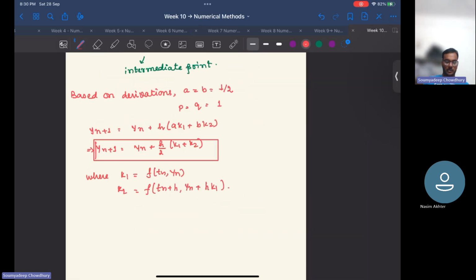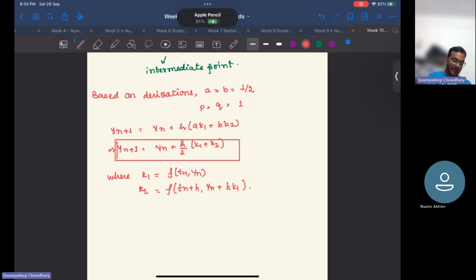So this is the derivation, or a little bit of understanding you can say. The entire derivation I'm not doing here. So this is from where the formula for the RK2 method actually came.